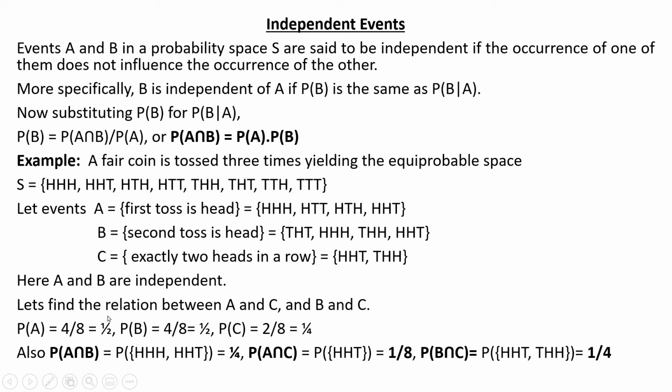So 4 by 8, which is 1 by 2. Again probability of B is 1 by 2 and probability of C is 2 by 8, that is 1 by 4. And we can find probability of A intersection B from these sets. This is 1 by 4, and probability of A intersection C is 1 by 8, and probability of B intersection C is 1 by 4.